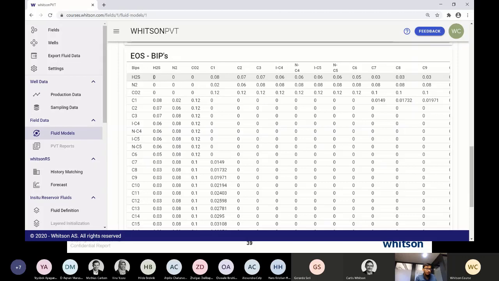On the diagonal it will always be 0, because that's the binary interaction parameter between the two same components. So, for example, this value or this value will always be 0, and the values on the top part of the diagonal will be the same as the bottom part of the diagonal. So essentially it's only the bottom part of the diagonal that you see in the binary interaction parameters, and those could be non-zero values.